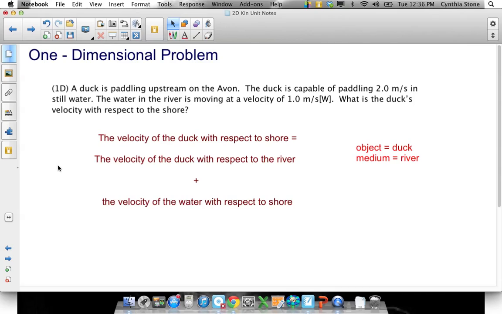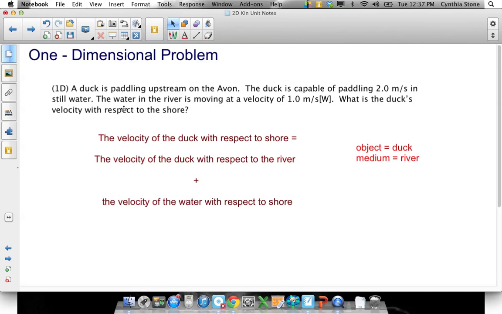Since he's going upstream, the duck must be going 2 meters per second east. That would be relative to the water. But then you've got the velocity of the water with respect to the shore, which is the river current speed.